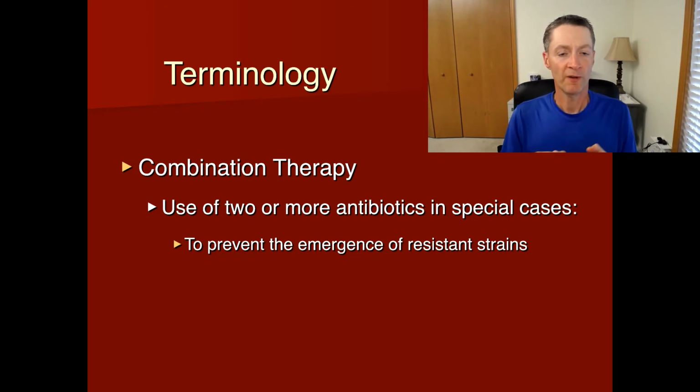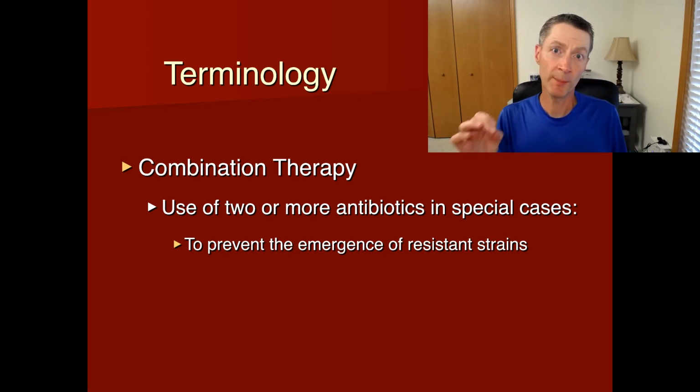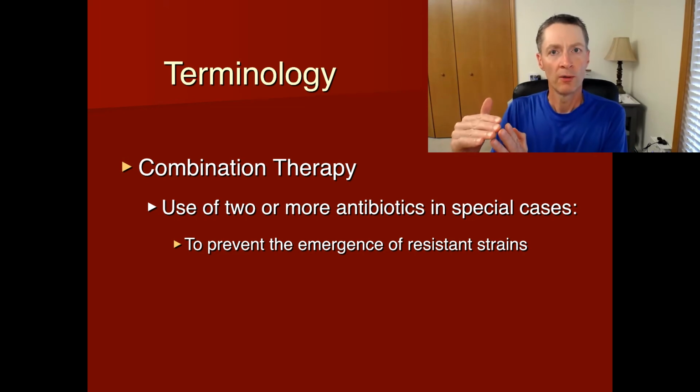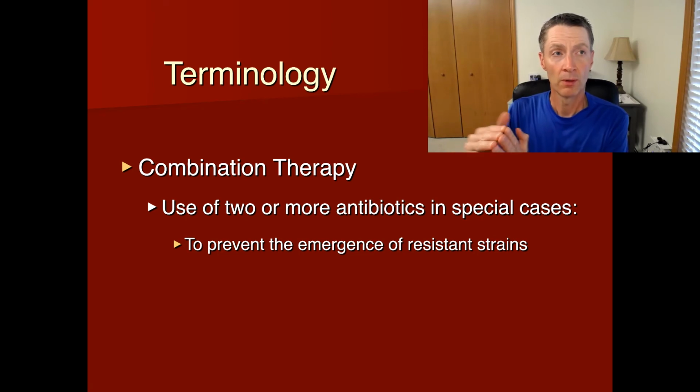Okay, so if I use one drug that will kill most of the population causing the infection, but there's some small subset of those cells that are resistant because they have a resistance plasmid, well, I might want to add this second drug that kills in a different way so that those that are susceptible to antibiotic A are going to be killed also, right?